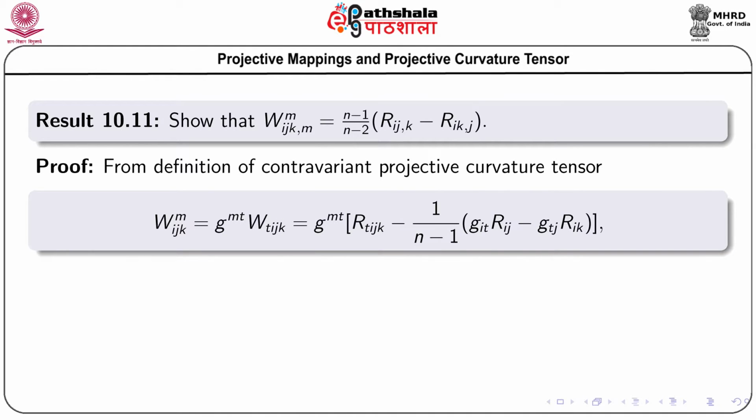So, from the definition of the contravariant projective curvature tensor, we have W^m_{ijk} equals g^{mt} W_{tijk}, and putting the value of W_{tijk} on the right hand side, we get g^{mt} [R_{tijk} minus 1 by n minus 1 (g_{tk} R_{ij} minus g_{tj} R_{ik})].